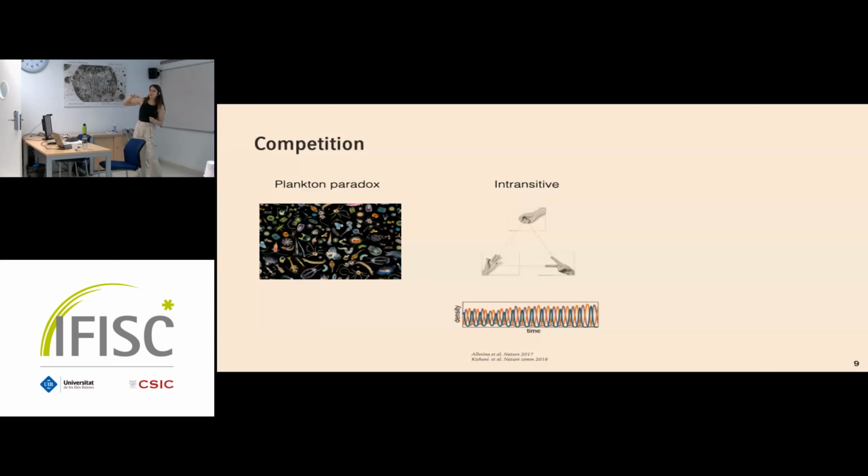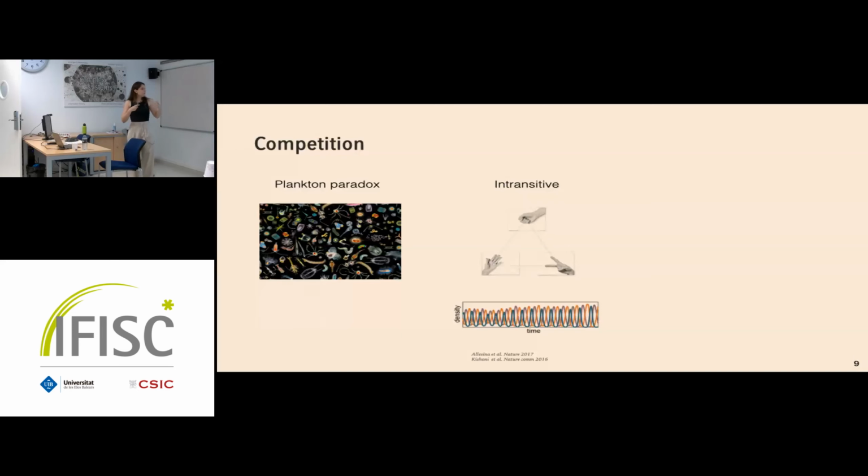If one species outcompetes another, then a third one outcompetes that first species, for example. However, these systems usually lead to oscillations, which at the end of the day may end up in extinctions.